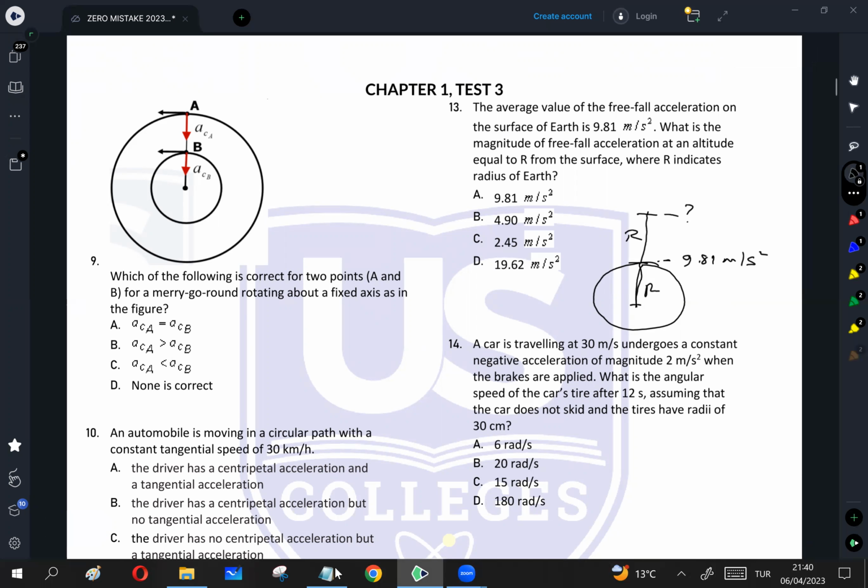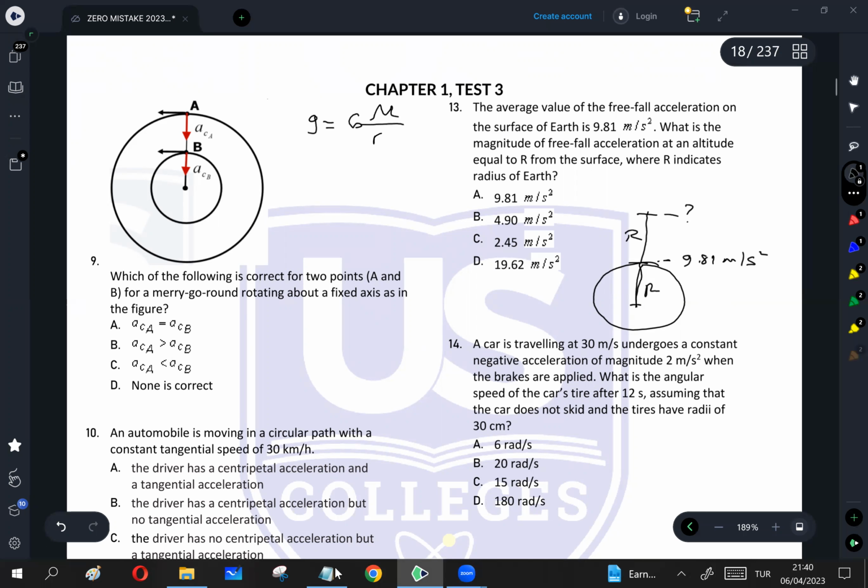So we know the g equation. g is equal to capital G times the mass of the planet divided by the square of the distance from the center, the radius. The initial value is 9.81 when the radius is r. But the final g is when we insert, instead of r, 2r squared.